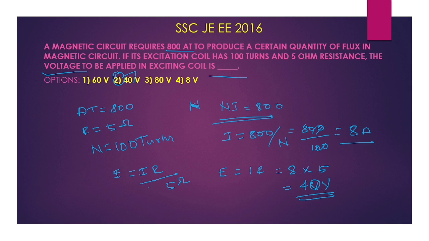So I will just explain once again. A magnetic circuit requires 800 ampere turns to produce a certain quantity of magnetic flux. Here A denotes the current I and T denotes the turns, which is the number of turns N. That's why I am writing here Ni is equal to 800.